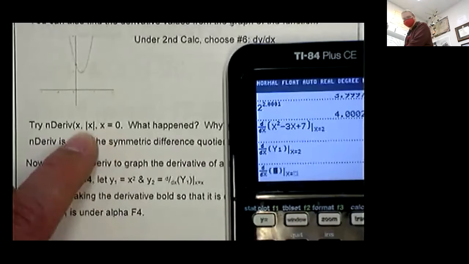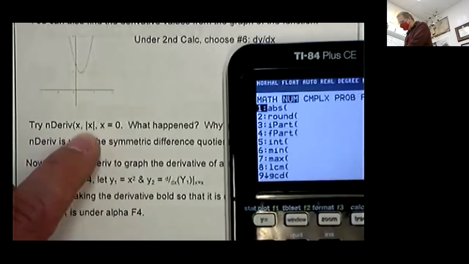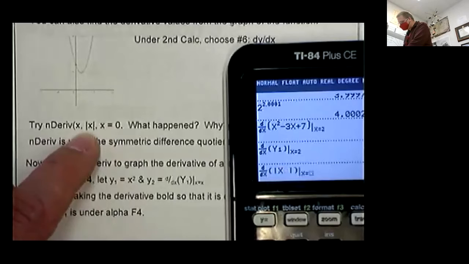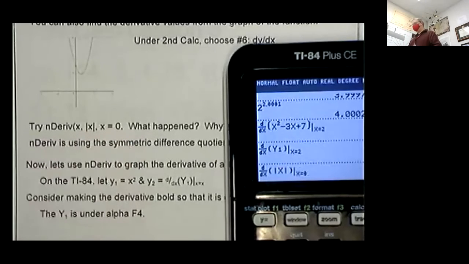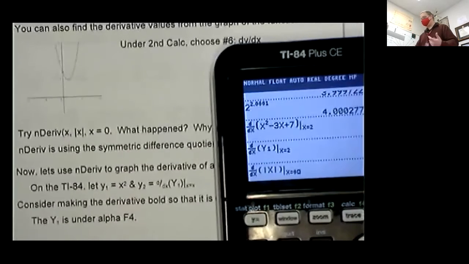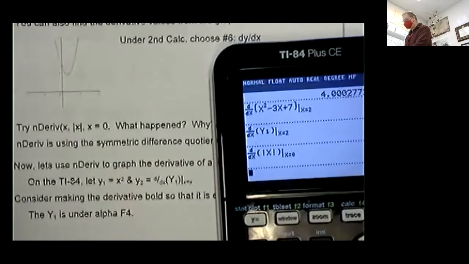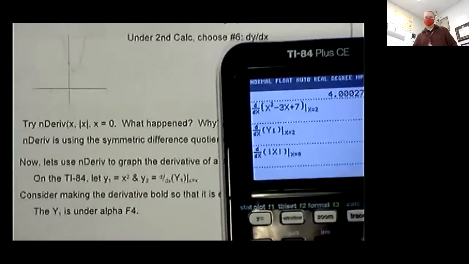With respect to x, we want absolute value, which is math, num, abs, plug in x. Then we want x equal to 0. Now we know it's not differentiable, so it should give an answer that does not exist or is an error or something, but we actually get a value of 0.